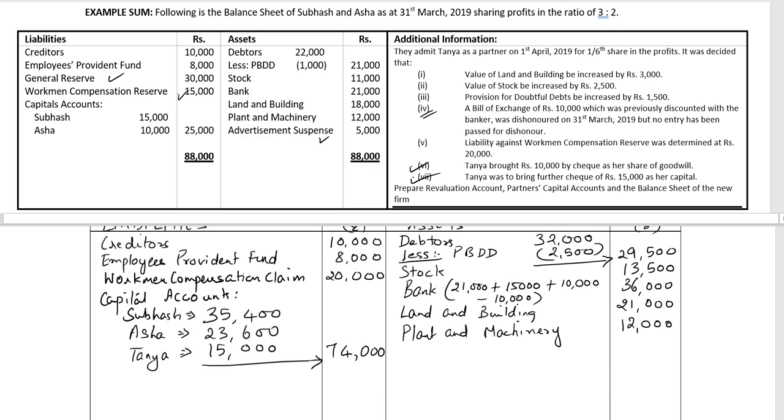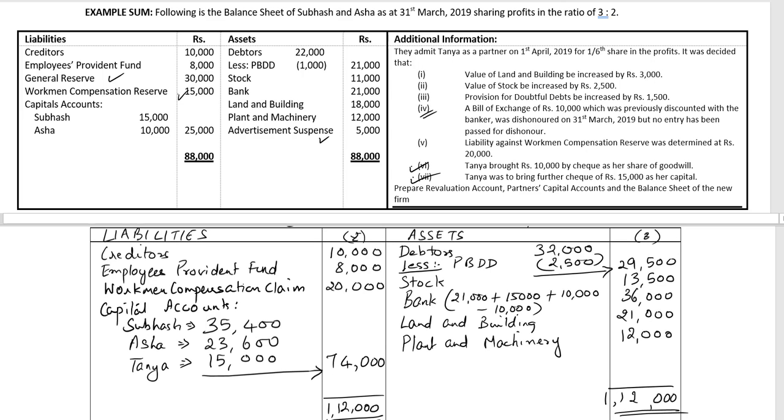So let's check if the balance sheet tallies. Liability side total comes to 1,12,000. Asset side total also comes to 1,12,000. So this is the balance sheet which is prepared by us.